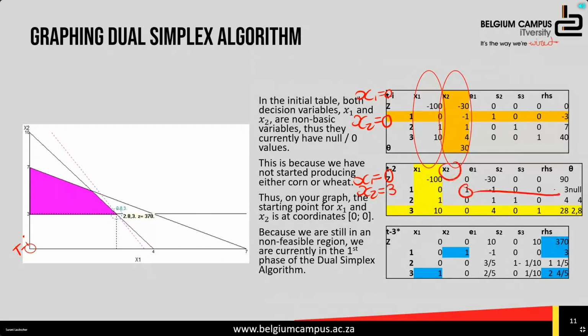Right, so x2 is basic. It is equal to 3. Now, where's that on the graph? Do you see it's in the feasible area? Meaning I'm now going to do which phase? Phase 2, which is? Primal simplex. So now I'm looking for the optimal.